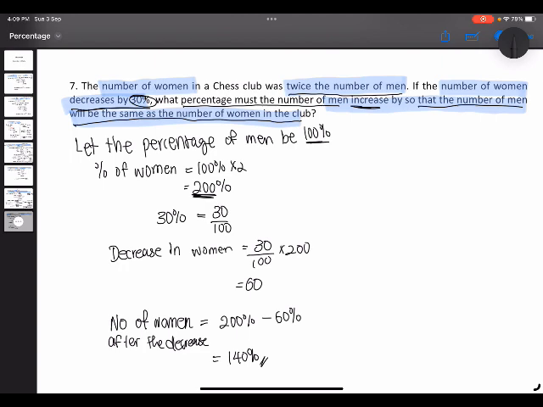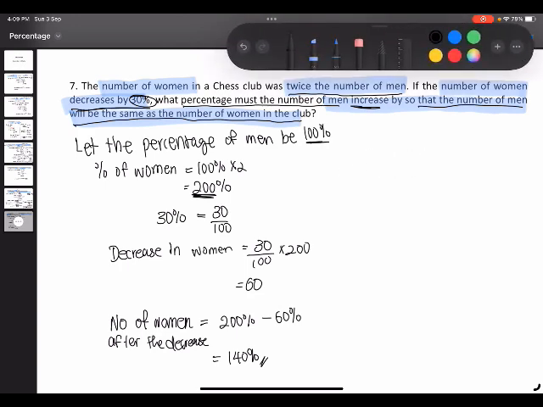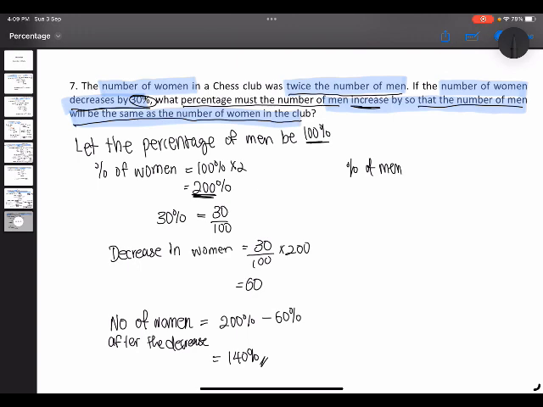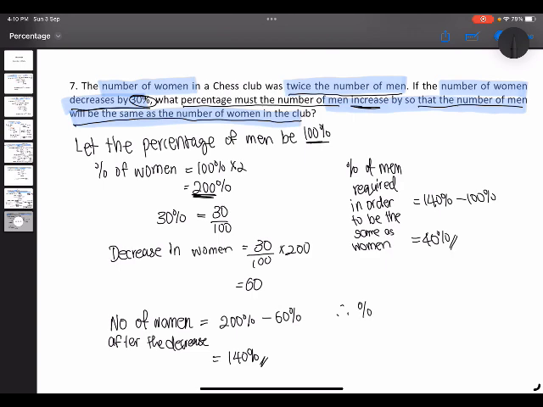So the number of men required, sorry, percentage, 140% minus 100% gives us a value of 40%. So therefore, the percentage of men required is 40%.